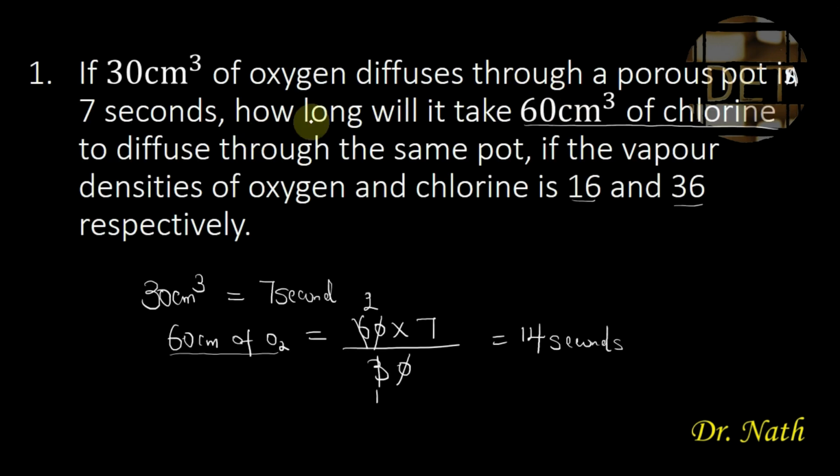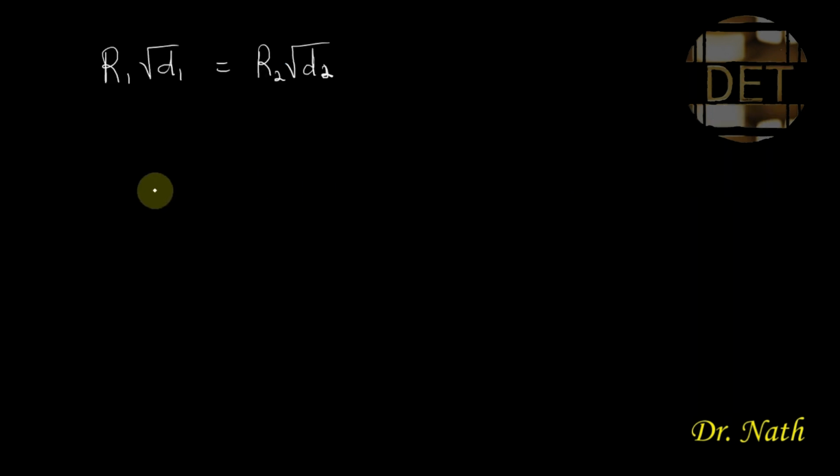So from Graham's law of diffusion, we have that R1 square root of D1 is equal to R2 square root of D2. Since the parameters we are dealing with here are time and vapor density, we will convert the R1 and the R2 to time.